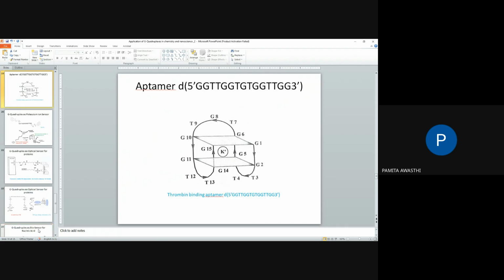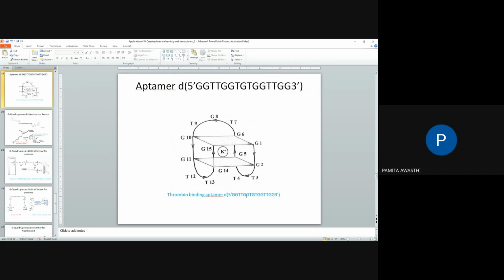So this is the structure of the thrombin binding aptamer, which is a 15 residue DNA oligonucleotide with a sequence of GGTTGGTGTGGTTGG 3 prime, where G means guanine, T means thymine.